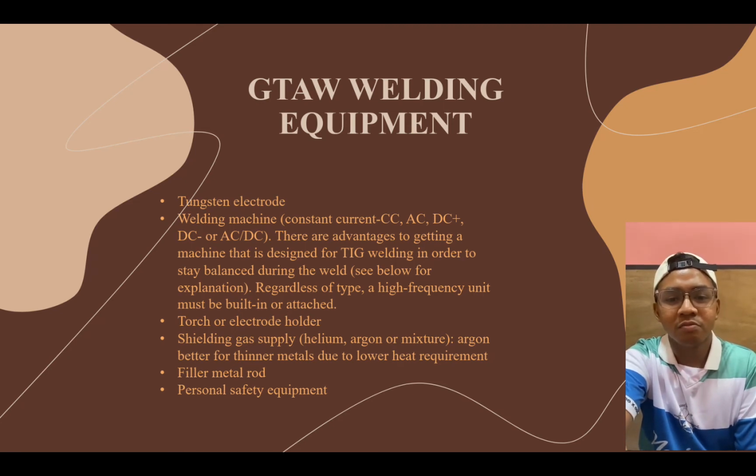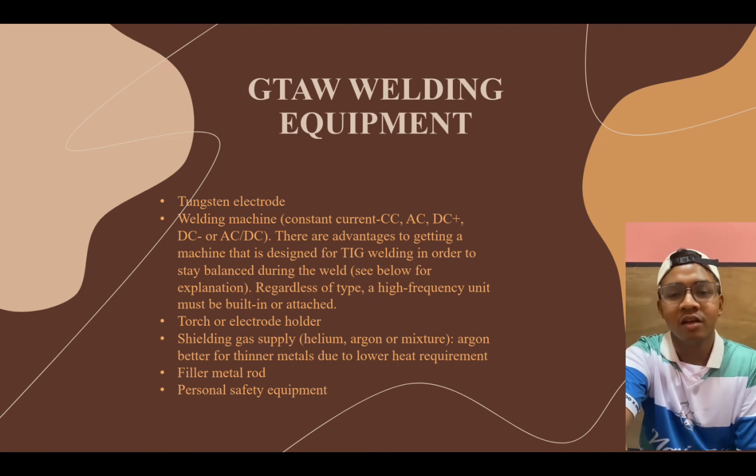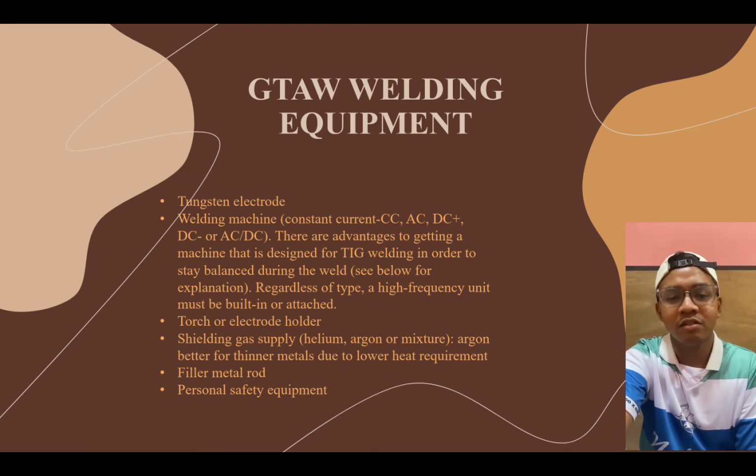Number 3, torch or electrode holder. Number 4, shielding gas supply. It is helium, argon or a mixture of argon, better for thinner metal due to lower heat requirement. Number 5, filler metal rod. Number 6, the last one, personal safety equipment.